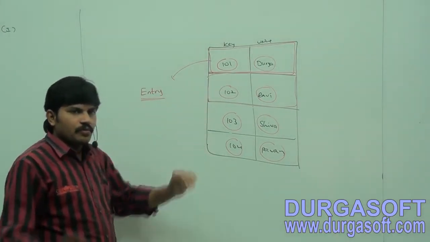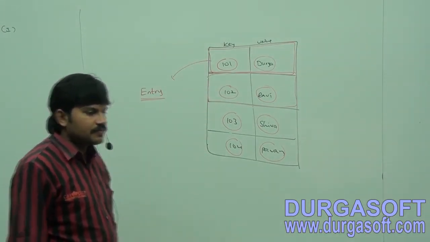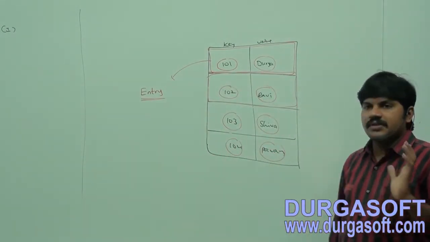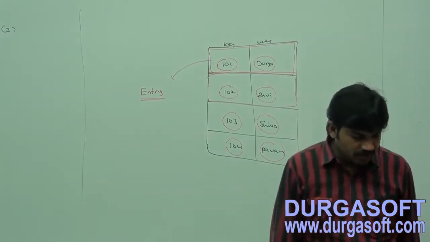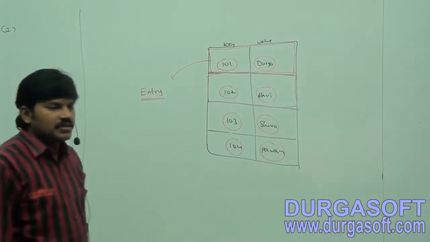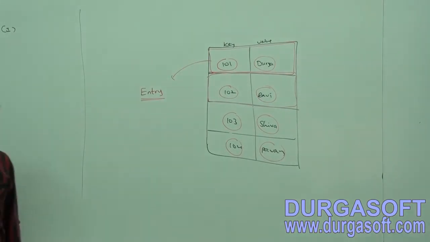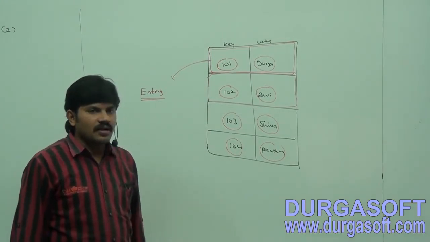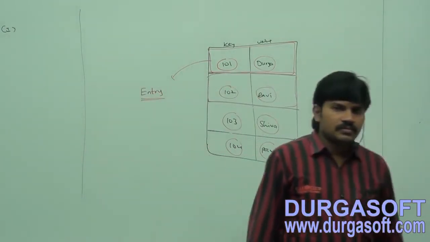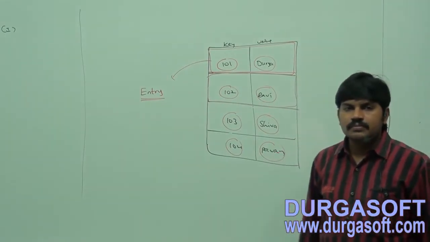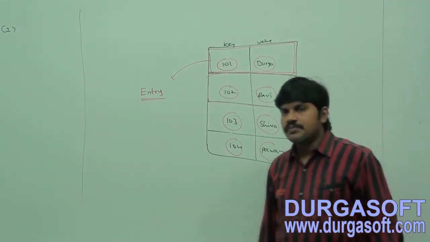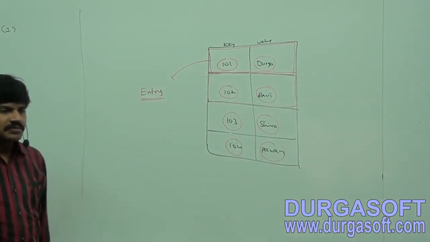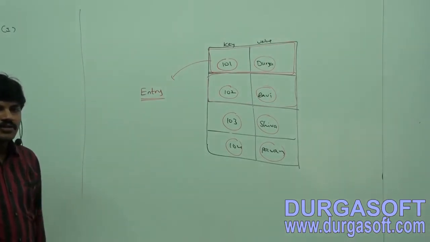At this point, both the keys and values are objects only. Next, are duplicate keys allowed or not allowed? Duplicate keys are not allowed, but values can be duplicated.